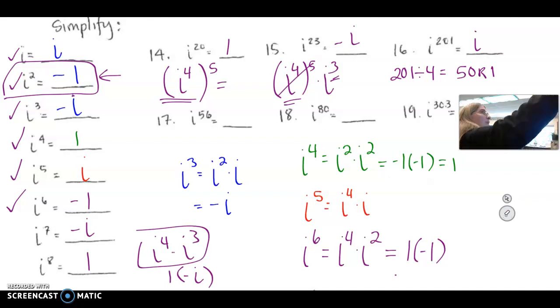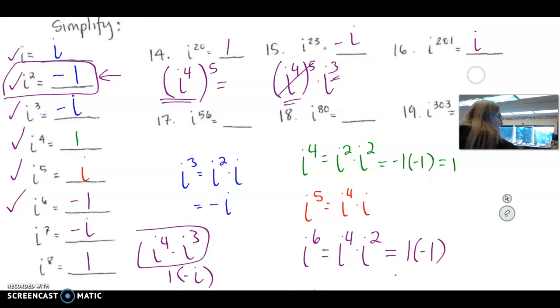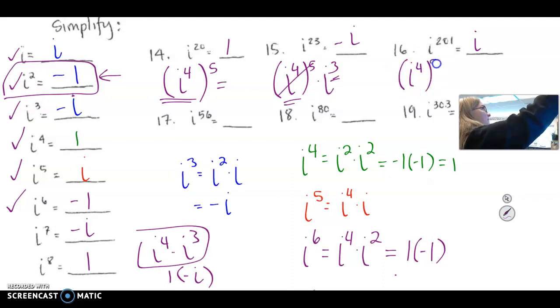So another way to think of this number is i to the 200th can be written as i to the 4th to the 50th power, times an extra i. Because this is i to the 200, since you multiply the 4 times the 50.